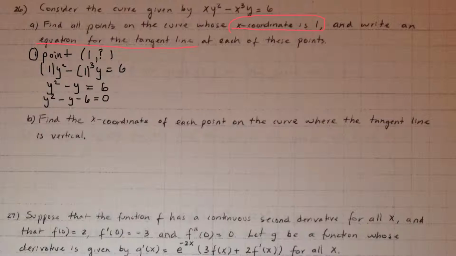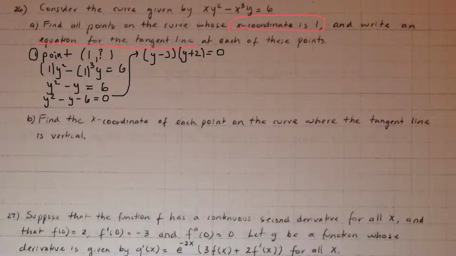And the next thing I'll try is factoring it out, because it looks like it's factorable. So if we factor that out, we'll have y minus 3 and y plus 2 equal to 0.